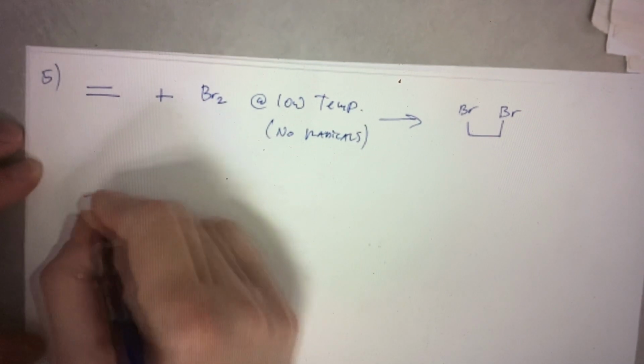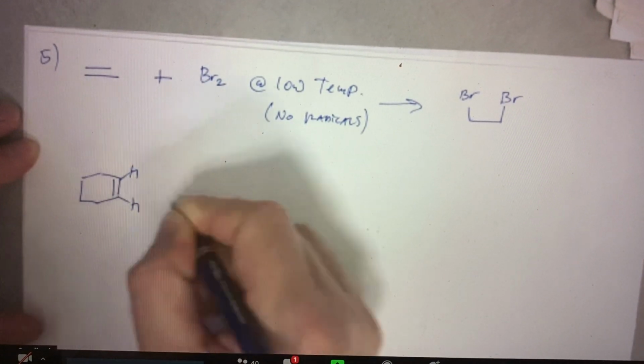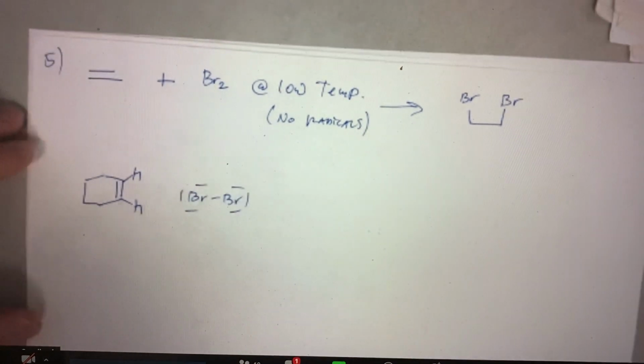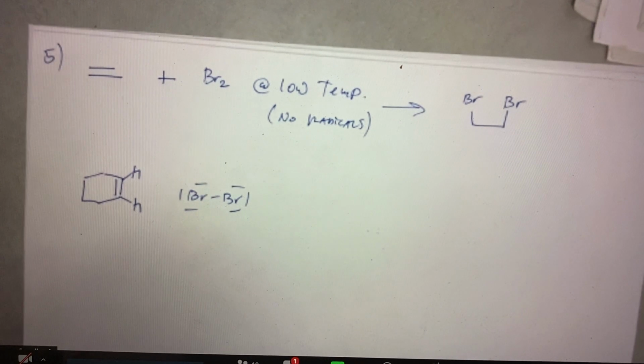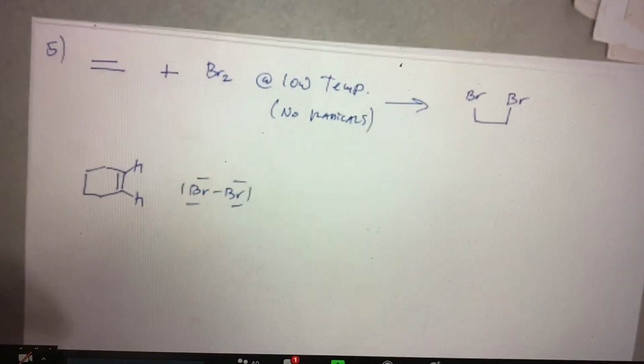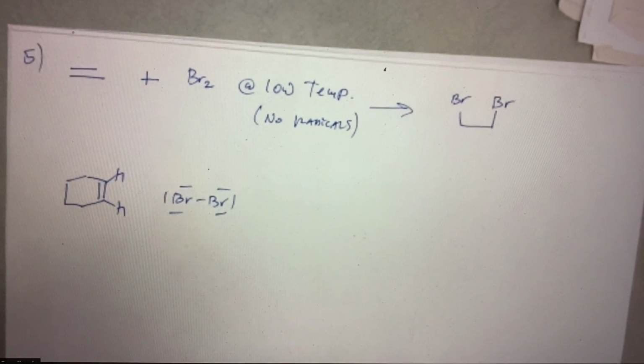So let's start this reaction with cyclohexene, and we'll draw out Br2 just like this. And it doesn't look like at first glance that this should do anything.